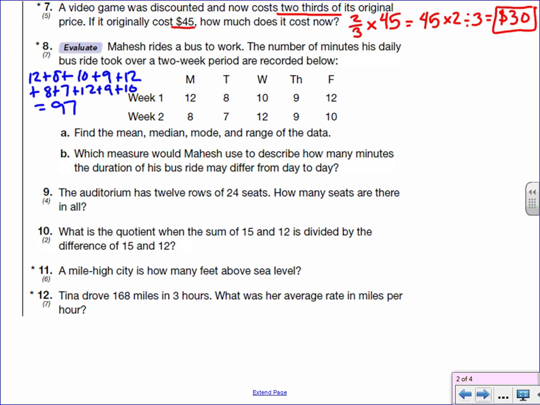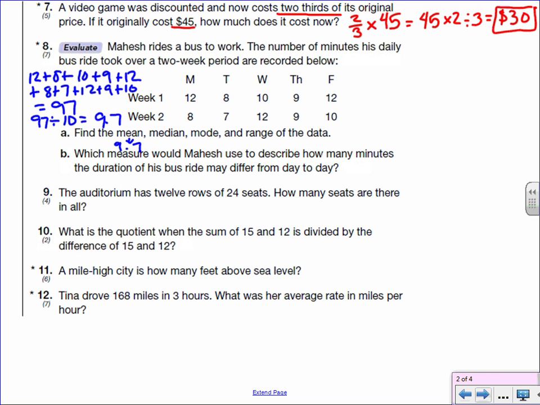Remember, you always have to hit enter or equals before you do the division. 97 then divided by 10 days he rode the bus equals 9.7. So the mean is 9.7 minutes.